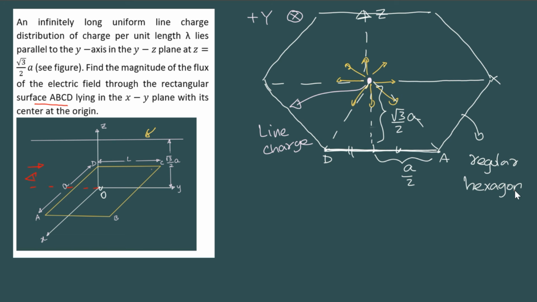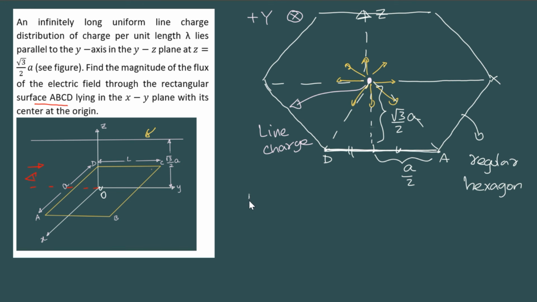So if you transform your view like this, you have a closed surface. Now through this closed surface, we can easily find the flux. And the rectangle in the question is one of the 6 rectangles that we have used to form this closed Gaussian surface.